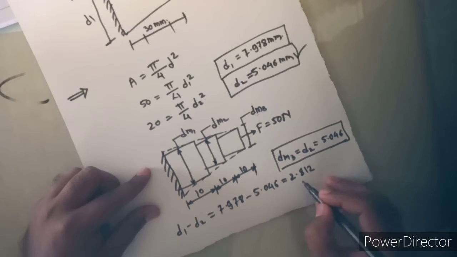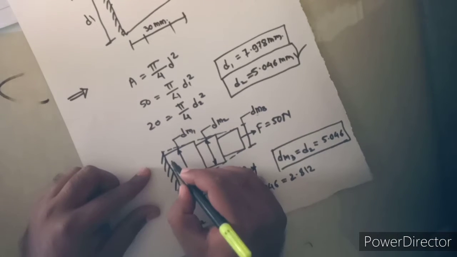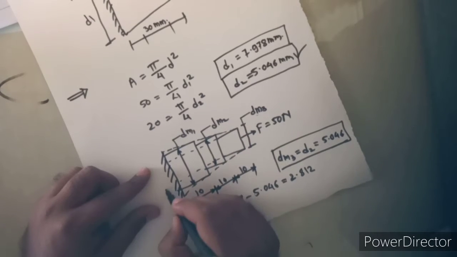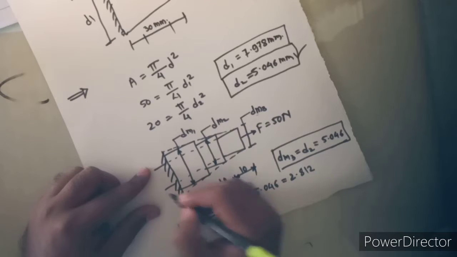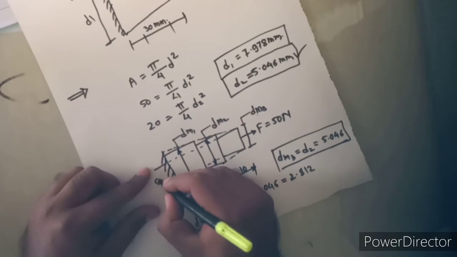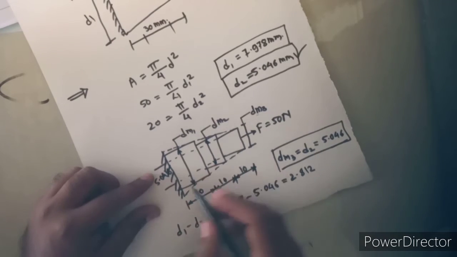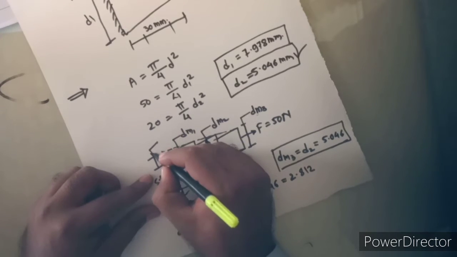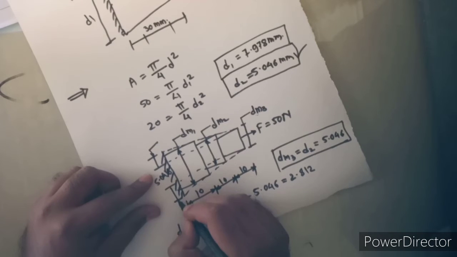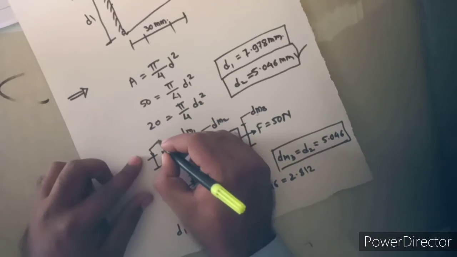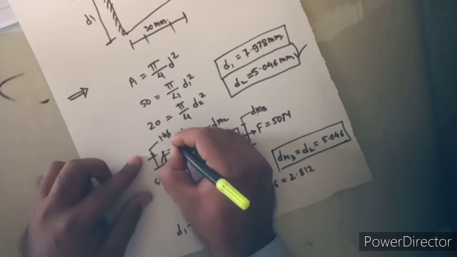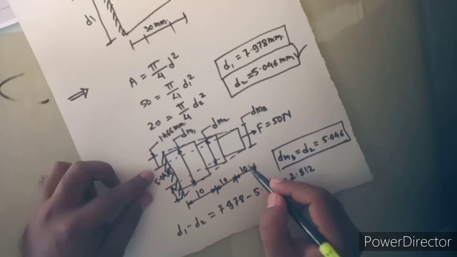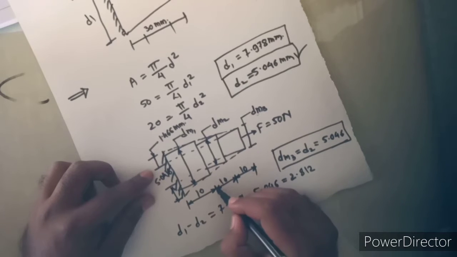If you draw one line here and one line here, then this is 5.046, and the remaining value on the upper side or the lower side is the same, 1.466 mm.